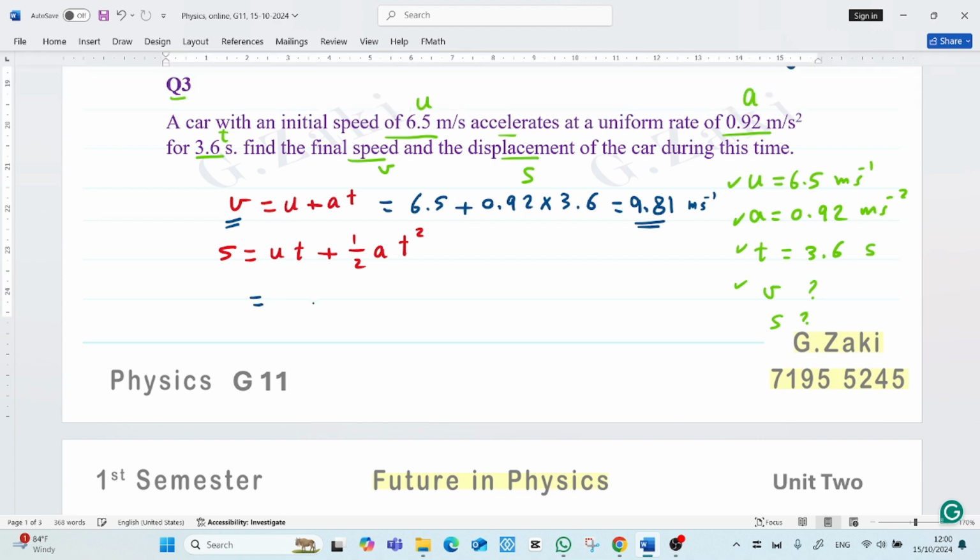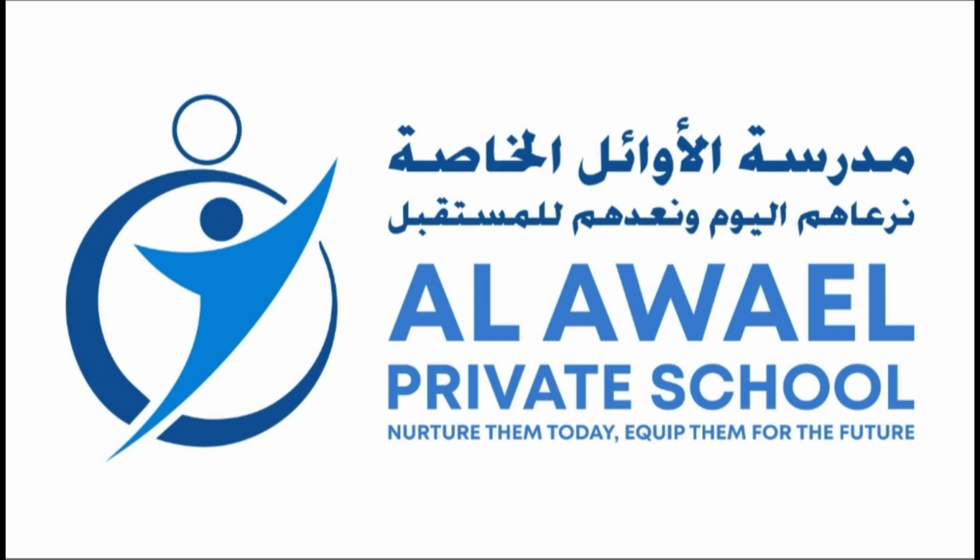Substitute. u equals 6.5 multiply 3.6 plus half multiply a, 0.92, multiply t squared, open bracket 3.6 squared. We use the calculator to get the answer. The answer is 29.36 meter.